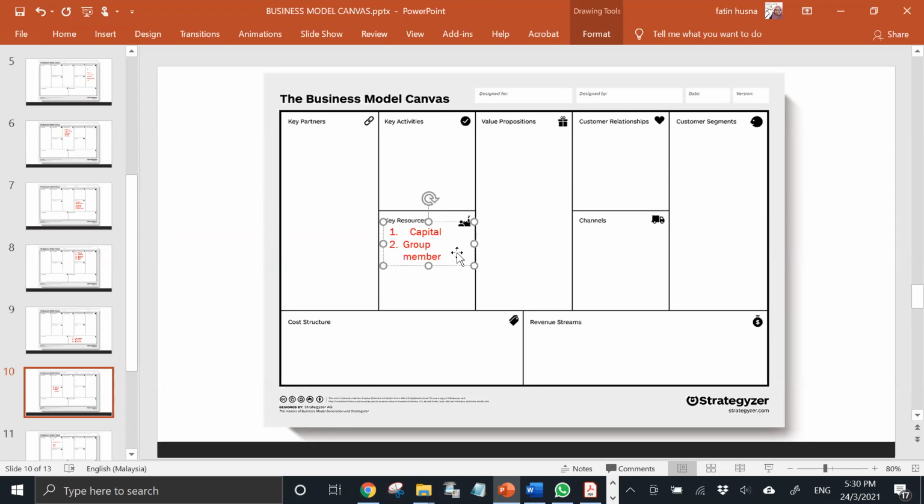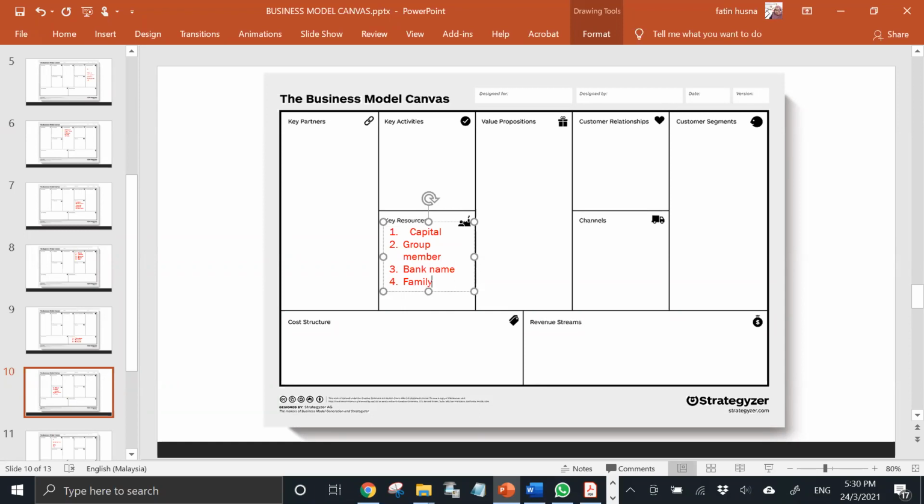Why? Because of their ideas, their hard work. So you put group members. And let's say you receive a loan from a bank, so you put the bank's name. If you receive funding or extra money from your family, so put family.